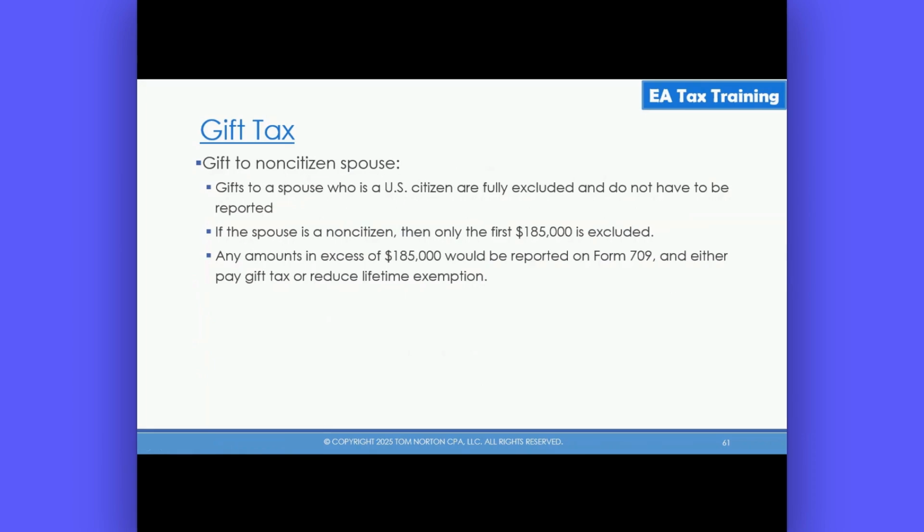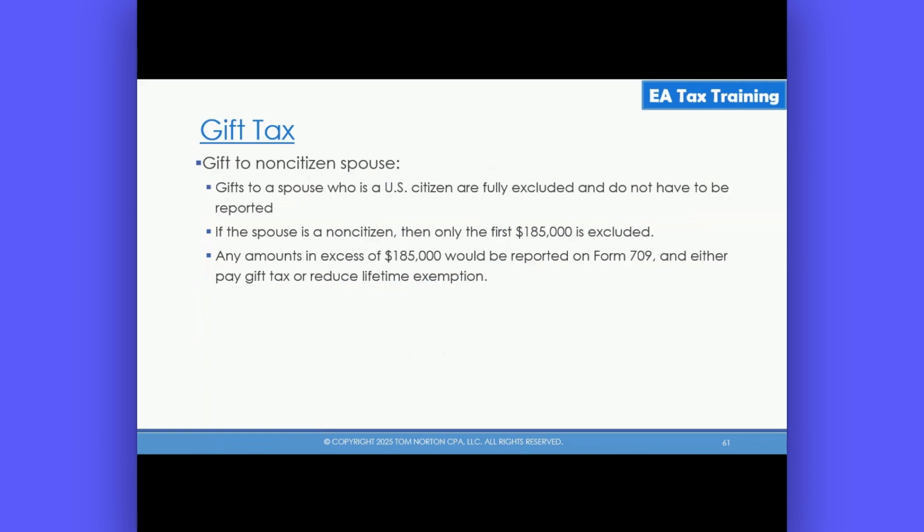So now let's talk about that gift to a non-citizen spouse. As you will recall, gifts to a spouse who is a U.S. citizen are fully excluded, don't have to be reported, don't have to worry about it. If the spouse is a non citizen, so it doesn't matter if they're a resident alien, a non resident alien, a dual status alien, then only the first $185,000 per year is excluded.